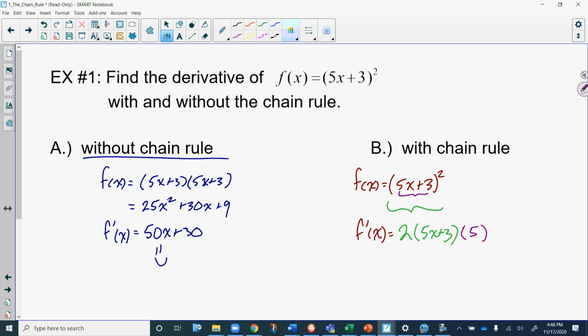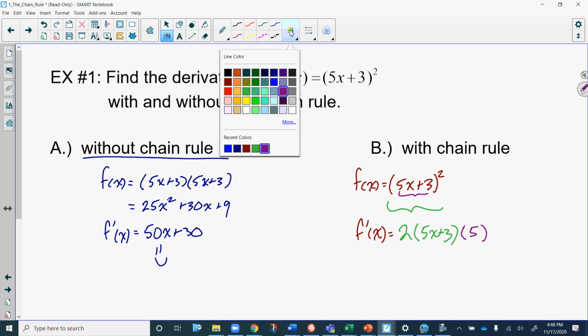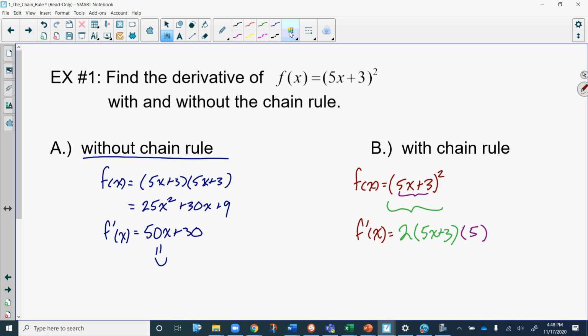Now here we could stop if we were just trying to give a numerical response to the function, but let's go ahead and simplify it. So I can take the 2 and the 5, and we'll go ahead and multiply those together because those are outside of the parentheses, which would give me 10 times 5x plus 3.